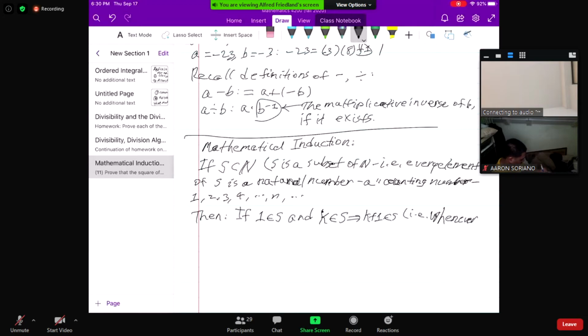whenever one number, K, whenever one number, of course, number means integer, then the next number, next integer. So look at what this is saying.